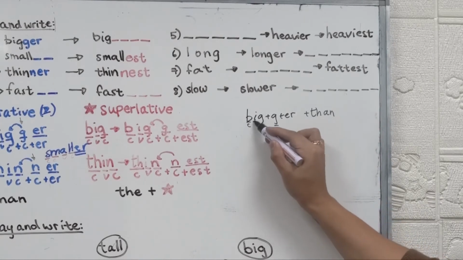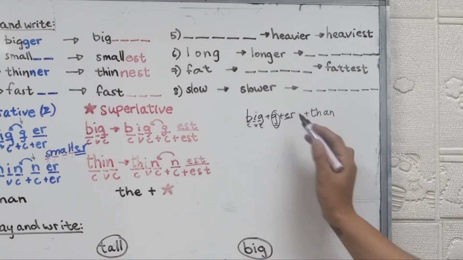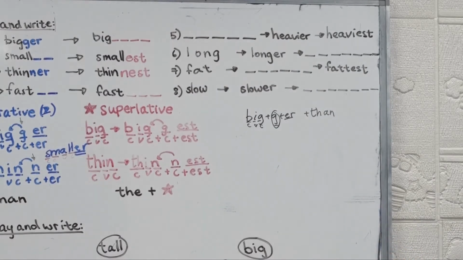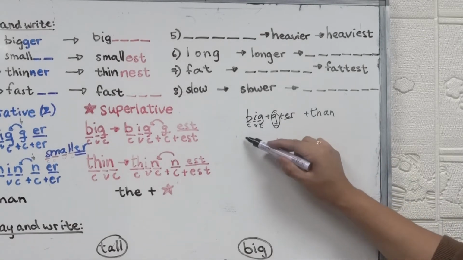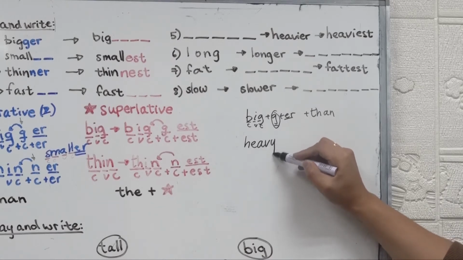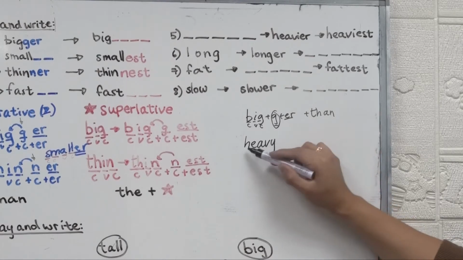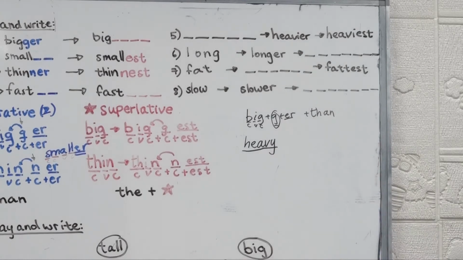Because we have CVC. So we have to put another C and then ER, right? But what about if the word is like this? The word is heavy. H-E-A-V-Y, right? How do we change the word H-E-A-V-Y into a comparative?